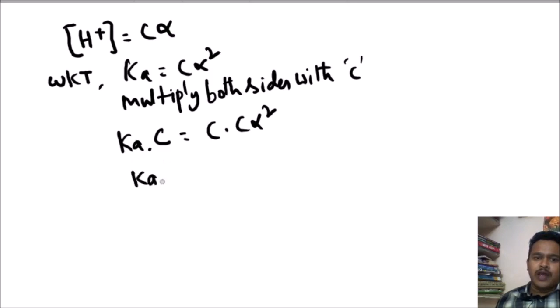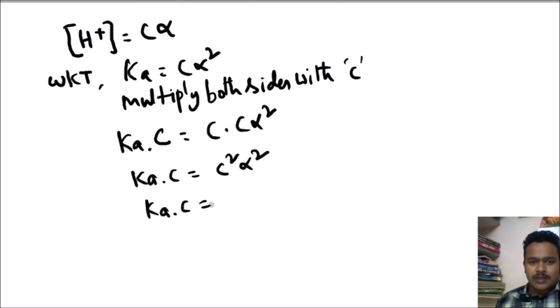Now Ka into C is C square alpha square, which I will write as C alpha whole square. Instead of this C alpha, I will write H plus.